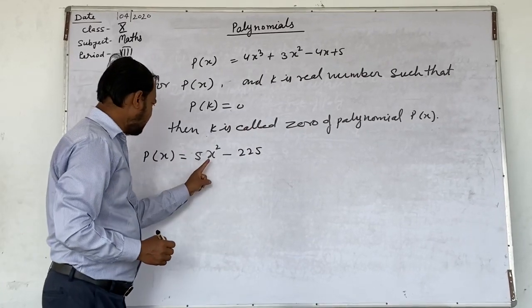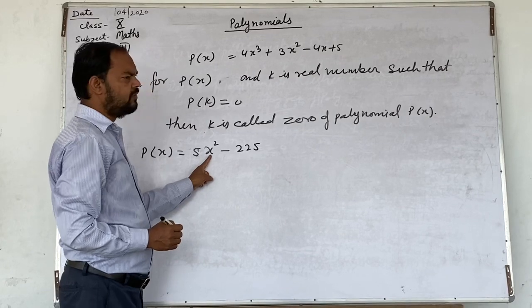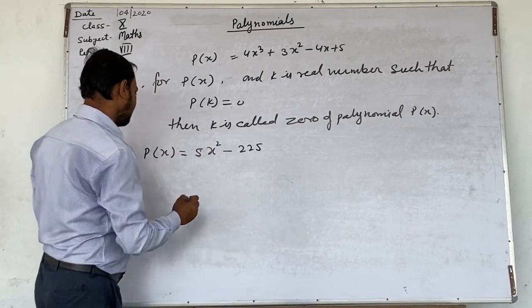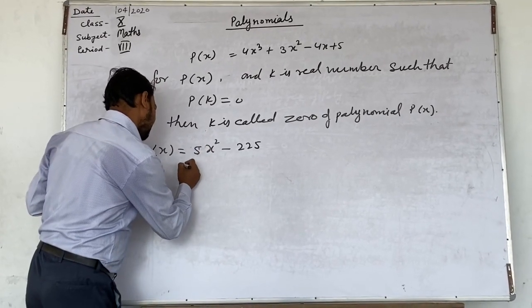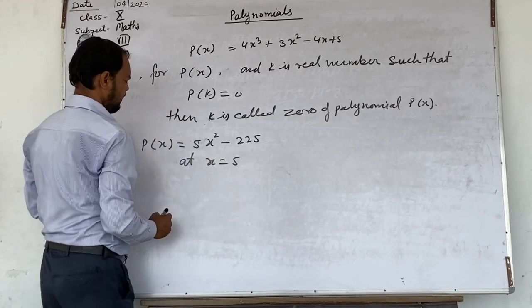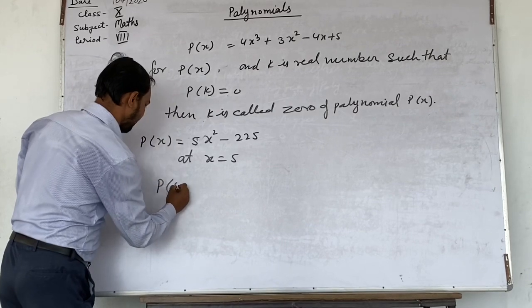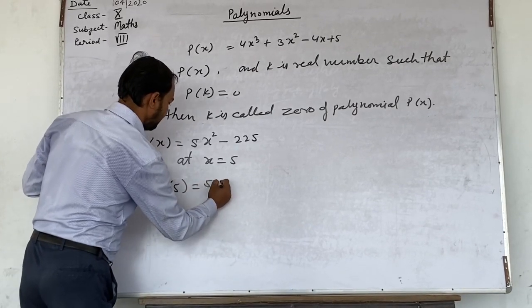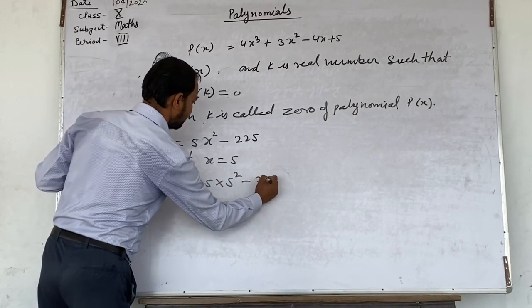If you put x equal to 5 in the place of x, so at x equal to 5, this will be p of 5 equal to 5 into 5 square minus 25.